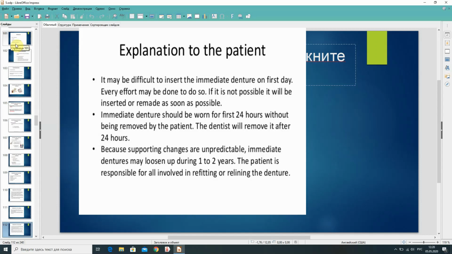The dentist will remove it after 24 hours. Because supporting tissue changes are unpredictable, immediate dentures may loosen during the first 1 to 2 years. The patient is responsible for refitting or relining the denture.